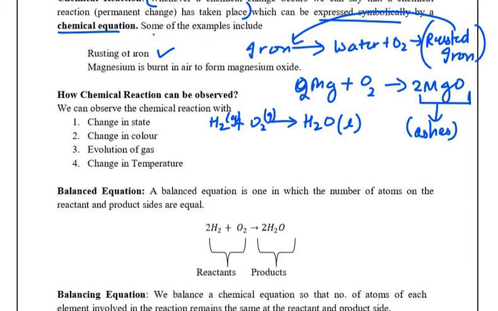Now the next is change in color. As we know, iron when it reacts with water and oxygen forms rusted iron, and the color of the iron gets converted into a red brownish color. Next is evolution of gas.